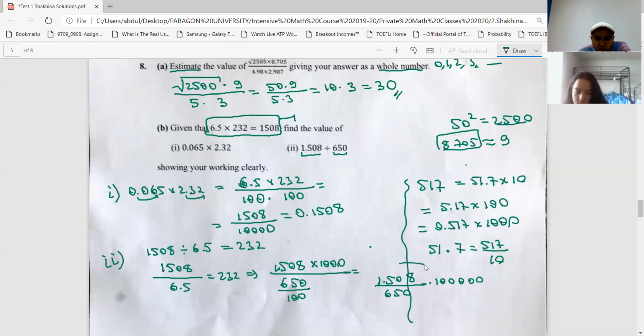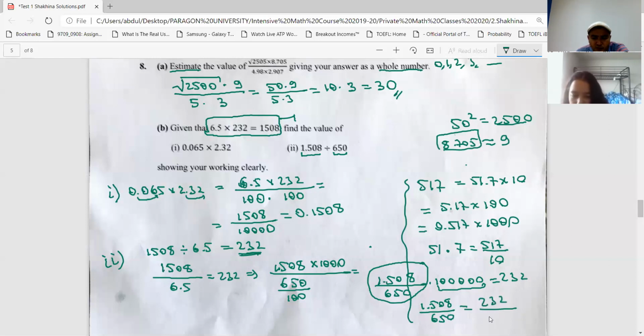And this thing, 1.508 is divided by 650. We need to find this, right? And the whole thing is equal to 232. Now, if I divide both sides by this, I will get this thing. So that is 1.508 divided by 650 is equal to 232.